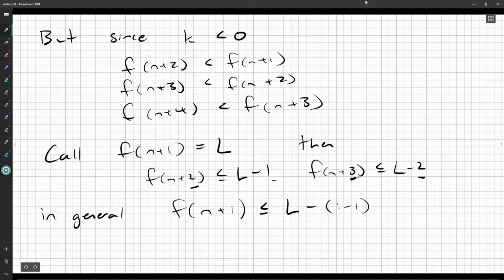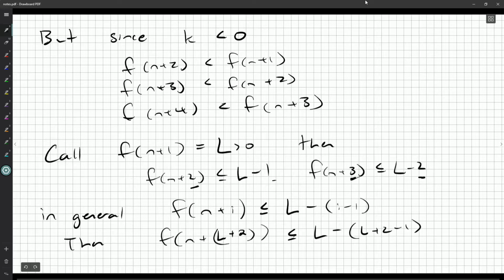Okay. So we know that's got to be true, but then, so L, by the way, is a positive integer. So then f(n+L+2), just to be on the safe side, must be less than or equal to L-(L+2)-1, which is minus 1 again.